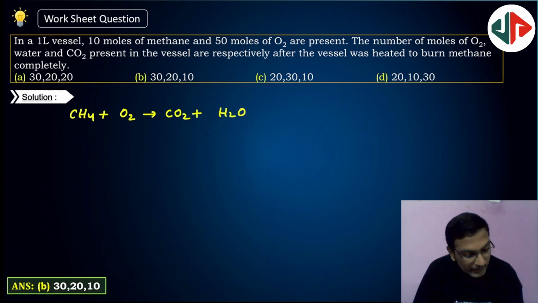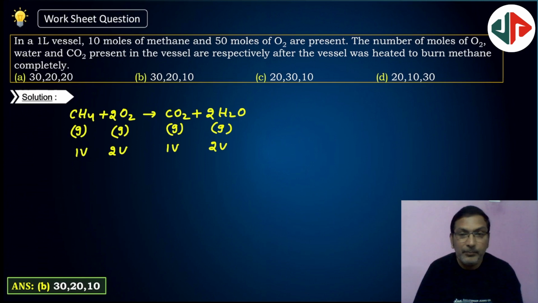Balancing, here 2H2O and 2O2. All are gases, so water is also present in the form of vapor. Here 1 volume, 2 volumes, 1 volume and 2 volumes according to Gay-Lussac's law.